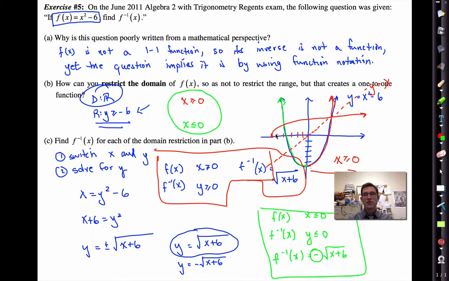Again, just giving you a little perspective, that would be this curve. This one's a little bit harder to tell that it's the reflection of this thing across y equals x, but it is. I feel like the reds are easier to tell. So that's very tricky, right? The key is when we restrict the domain of the original function, we're actually restricting the range of its inverse. That's how you can tell which formula goes with the inverse.